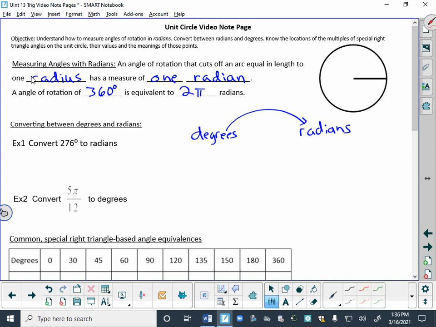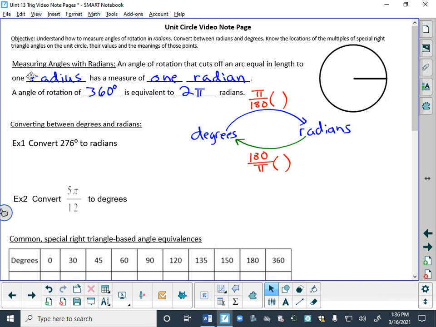And so if we take the degrees, divide by 180, and multiply by pi, we'll have changed it into radians. If we want to go the other way, from radians to degrees, we do the exact opposite of that, which is multiplying by 180 and dividing by pi.